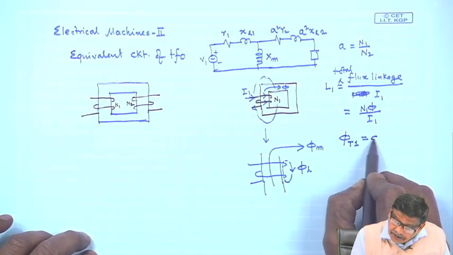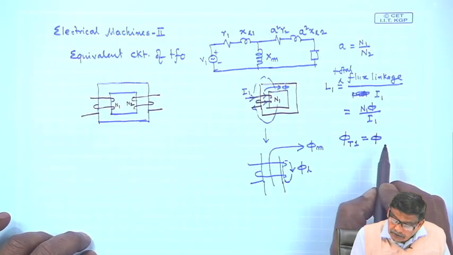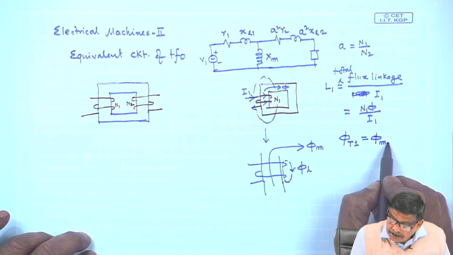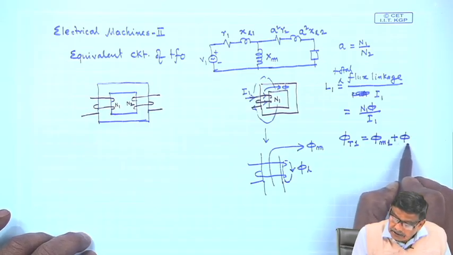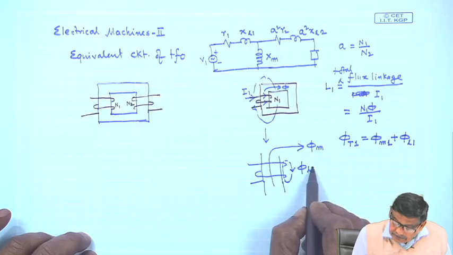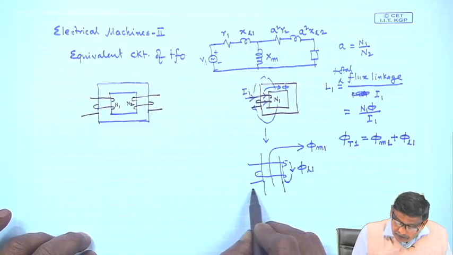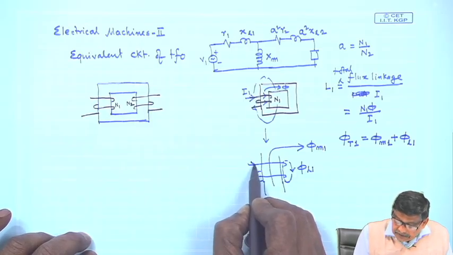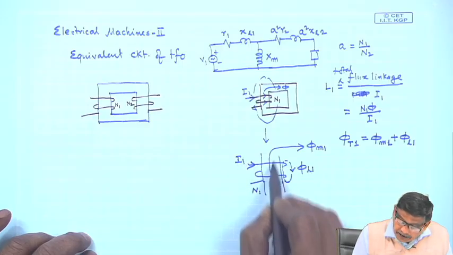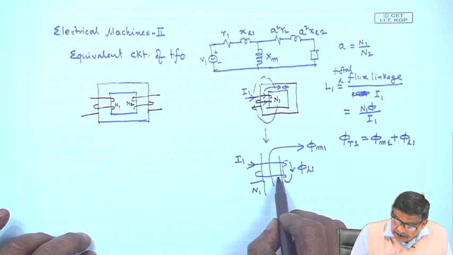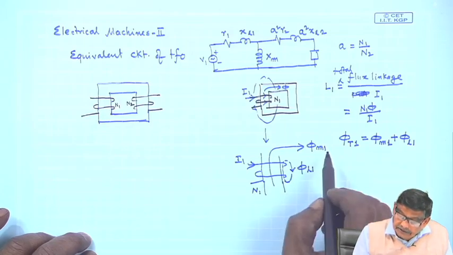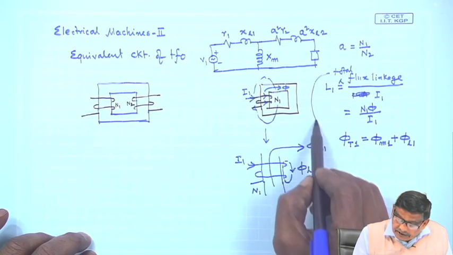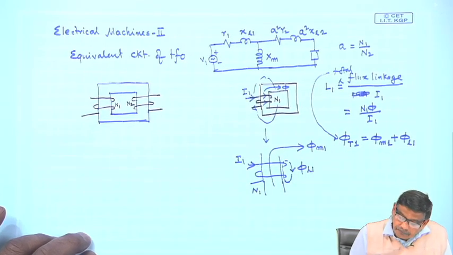One is the mutual flux phi m1 plus phi L1, the leakage flux. So, if it is coil 1, it is carrying I1 current. So, phi m1 and phi L1 together is your phi T1. This is the total flux linkage.